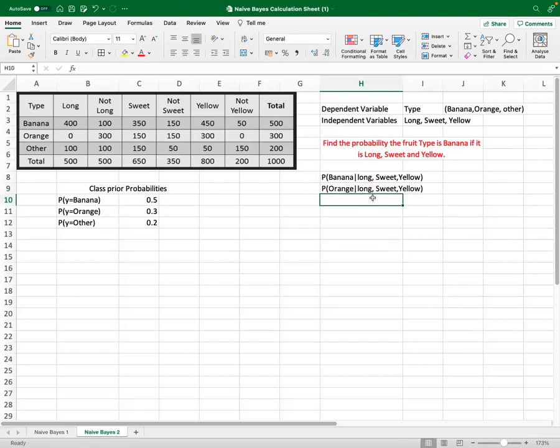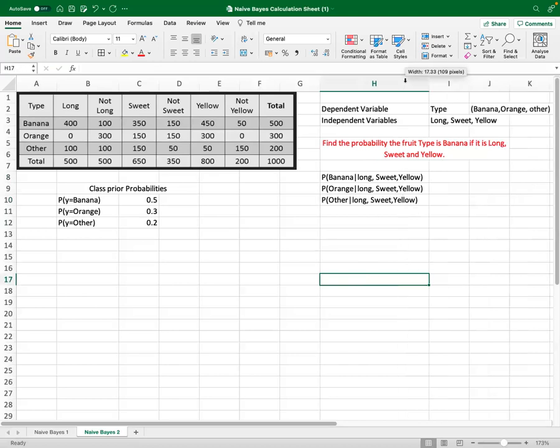And we also need to find the probability of the fruit being other if it is long, sweet, and yellow. And whichever has the highest probability, that will be the categorization.